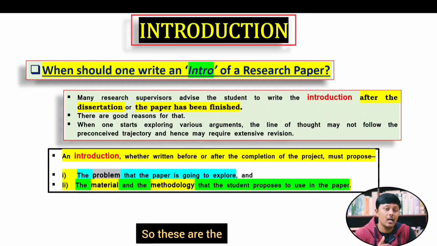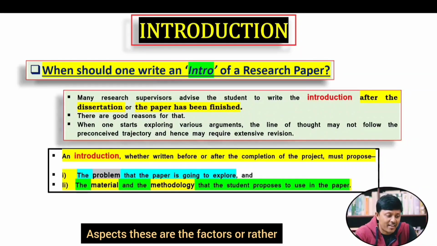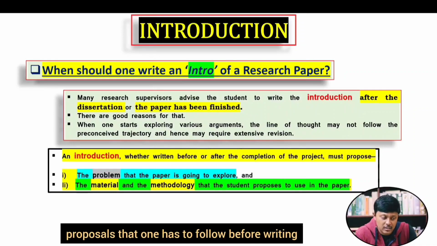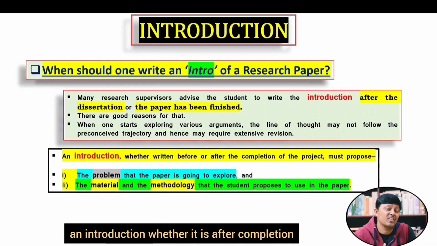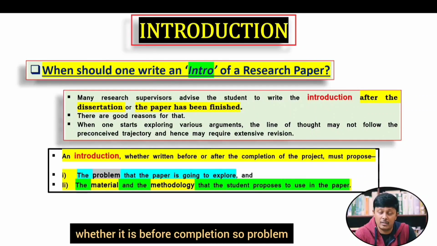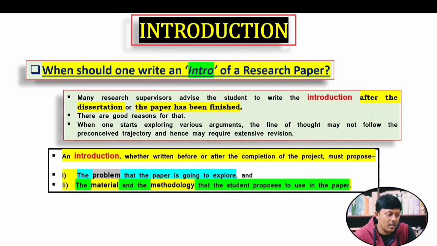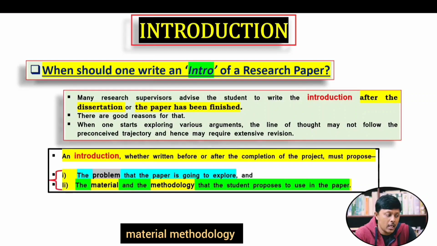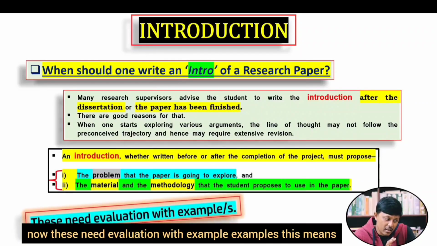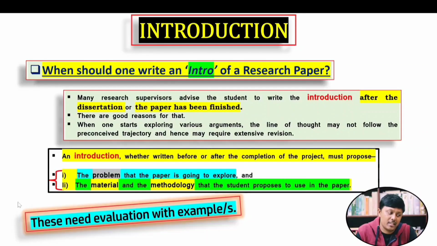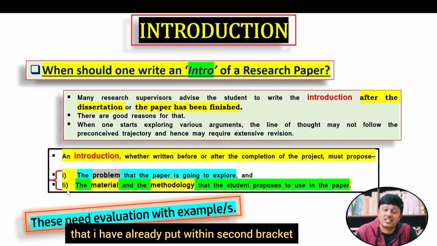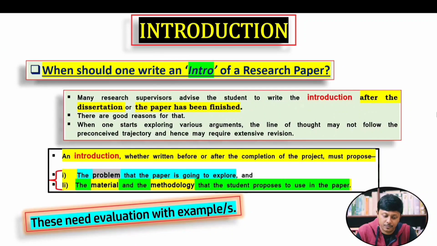So these are the aspects, these are the factors, or rather proposals that one has to follow before writing an introduction, whether after completion or before completion. So, problem, material, methodology. Now, these need evaluation with example or examples. This means that I have already put these 2 points within brackets.